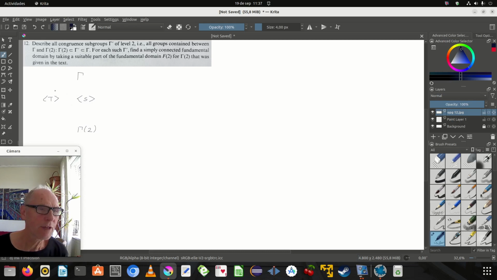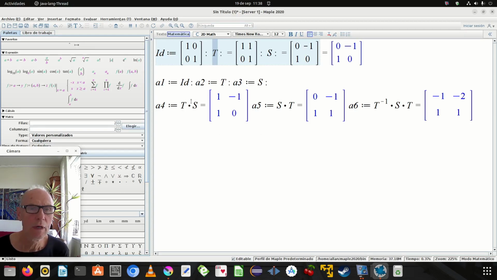And they seem to have, so that gamma 2 has index 2, and that means that we should have 3 cosets. Let's take a 4.